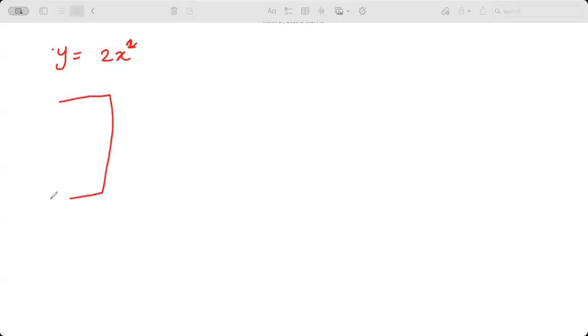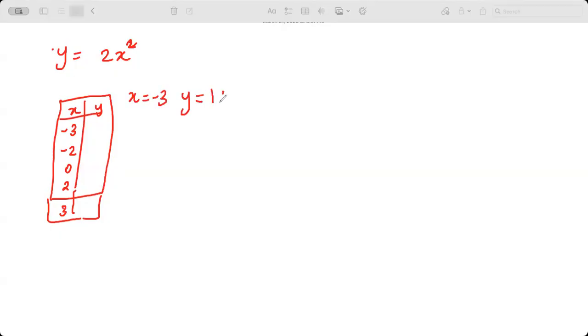Okay, let me get there. Suppose I give you this graph. Do you know how to draw this graph? What will you do first? You'll draw a table, put some x and y values, right? Then substitute x in here. If you substitute x equal to -3, y becomes 18.